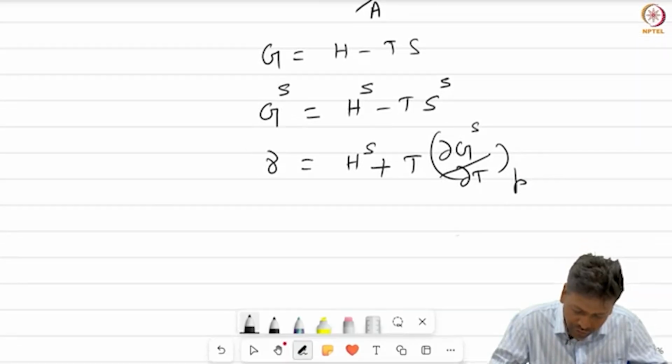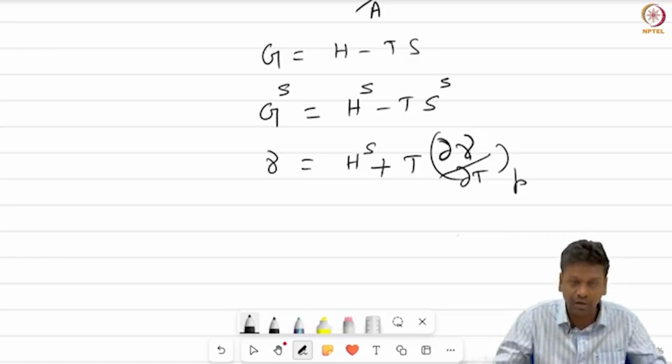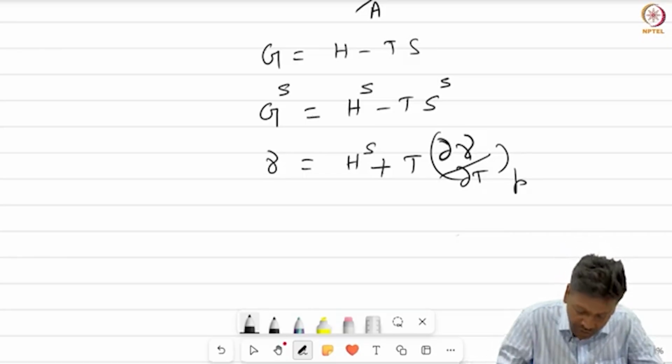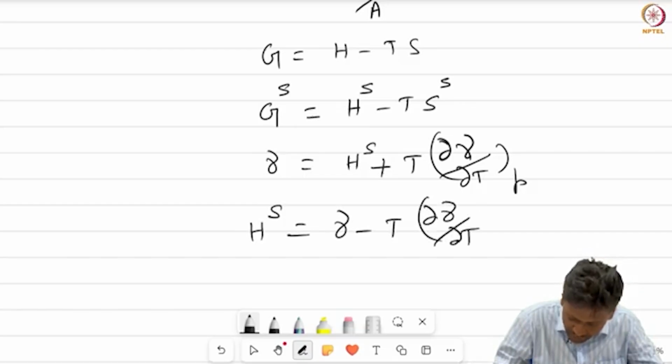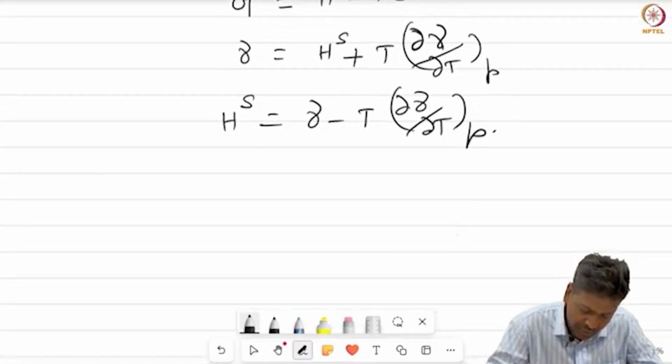We know G superscript S is nothing but gamma, so you can write this as dγ/dT at constant P itself. So we know then what is H superscript S, which is nothing but gamma minus T dγ/dT at P. This we have obtained from this equation.